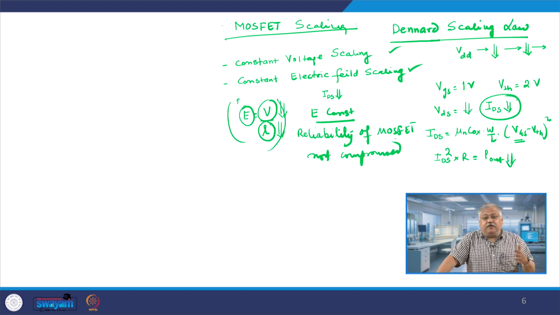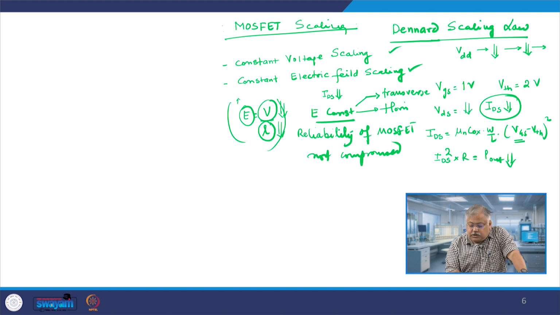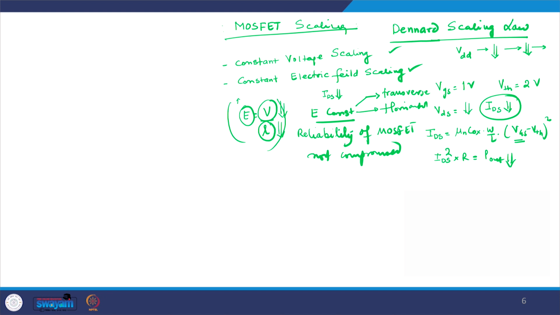And when I say electric field, I mean both horizontal and transverse electric field. So, when I say electric field constant, I mean to say both the transverse electric field and the horizontal electric field are constant, and this is what is known as the constant electric field model. So, let me take up one example and show it to you. What do I mean by that?